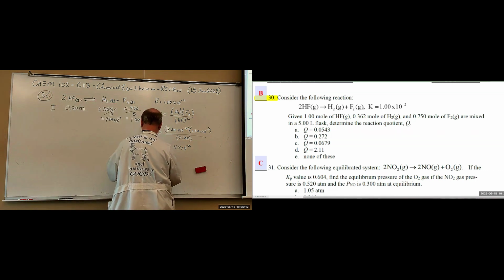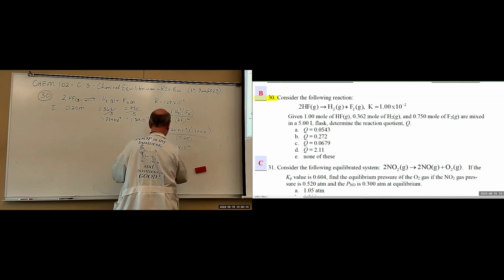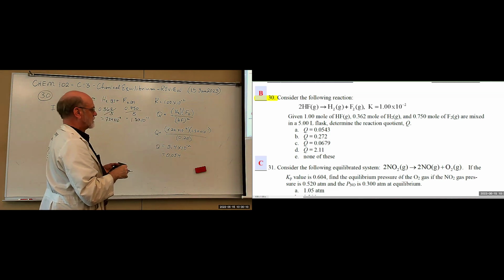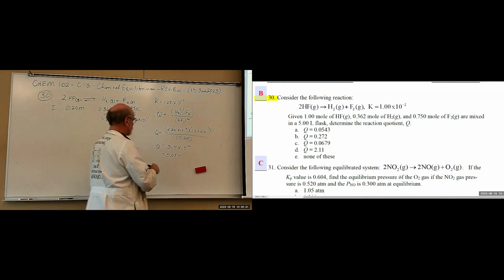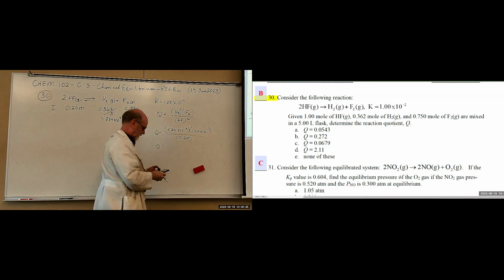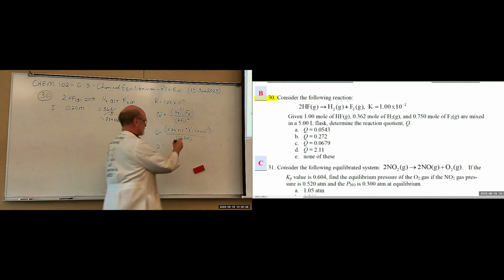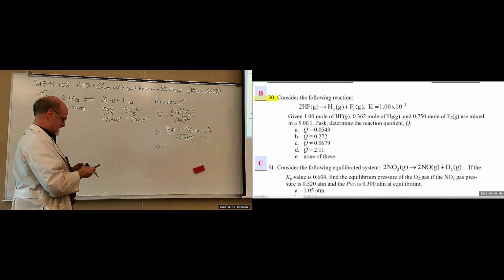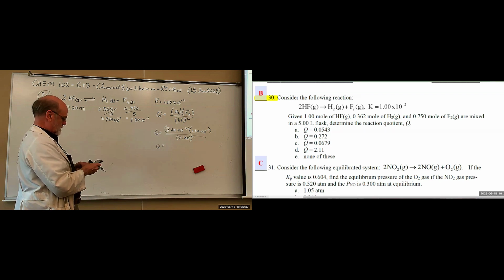Closest I can get is 0.054, which would be, oops, what did I do wrong? I see it. 0.2 corrected measures.